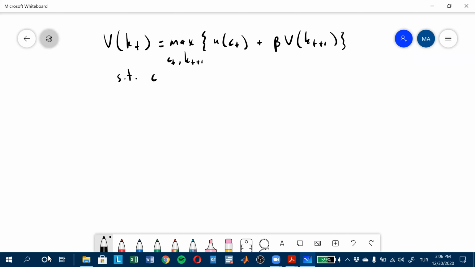So once again, non-negativity. And now I want to write this simply as an equality, because I know that U is increasing, so I always use all the resources, okay?